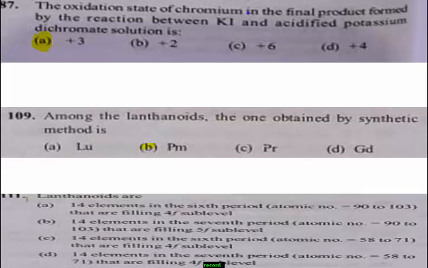Lanthanides are 14 elements of 3B group and 6th period, atomic number from 58 to 71, that are filling the 4f subshell of the antepenultimate shell. They are placed below the periodic table in a horizontal row as the lanthanide series. If you know this concept very well, the right answer for this question is option C.